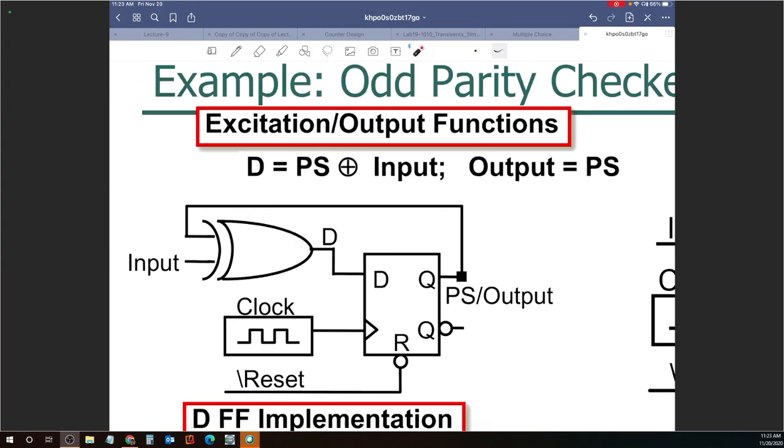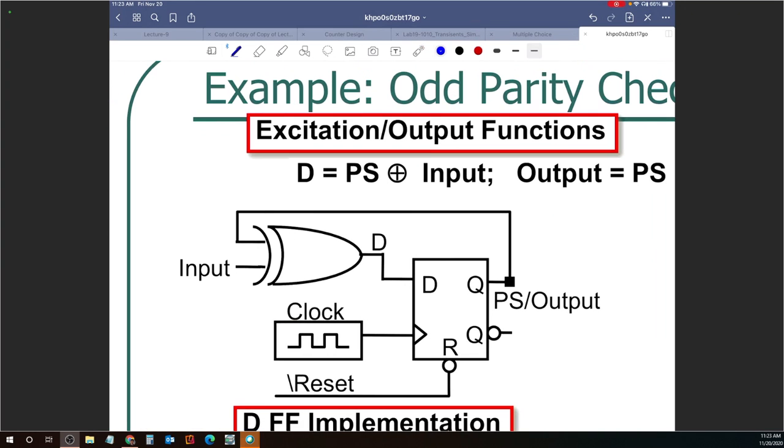What did I have on the previous slide? I had next state equals present state exclusive OR W. That's the expression you guys helped me write on the previous slide. You see how I transitioned from this to this. I could only do this because of the characteristic equation of the D flip-flop, which is next state equals D, right here.